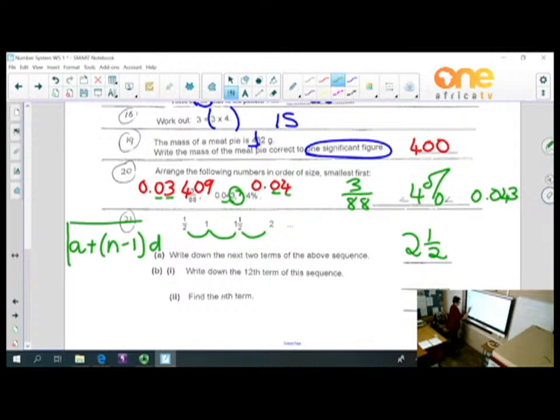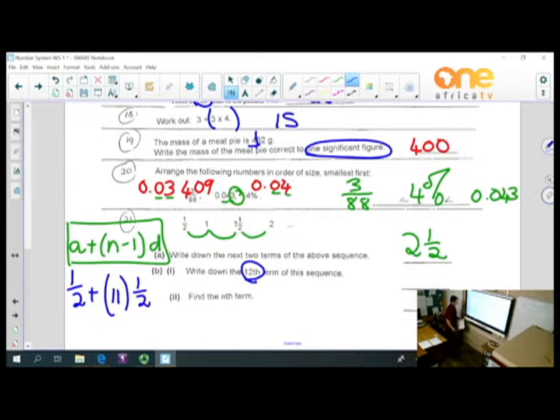Remember this formula that we looked at now? What is A? What is the first term? A half. Plus, now we want the 12th term. 12 minus 1 is 11. And what is the common difference? Also a half. So it is a half of 11 plus a half, and that gives me 6.